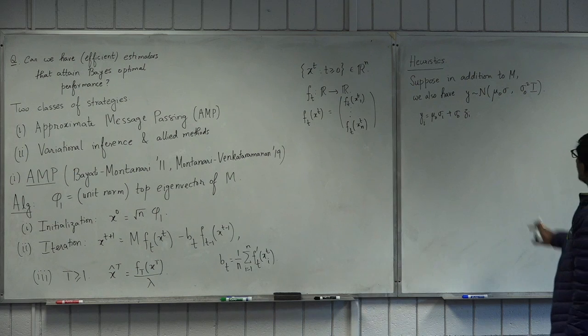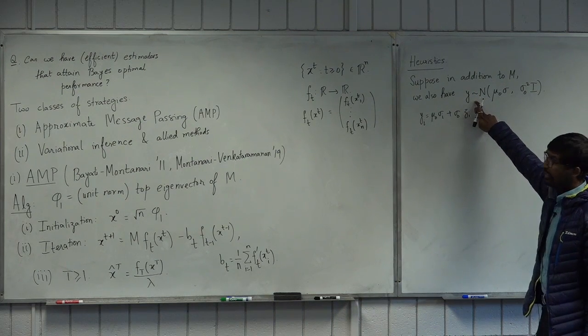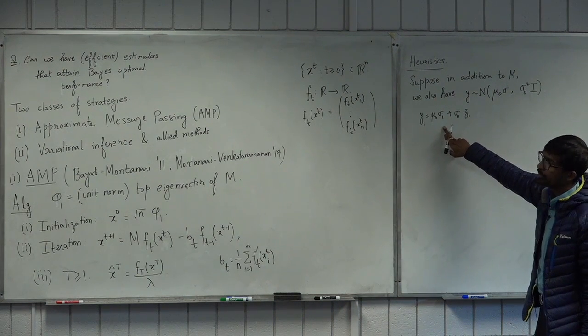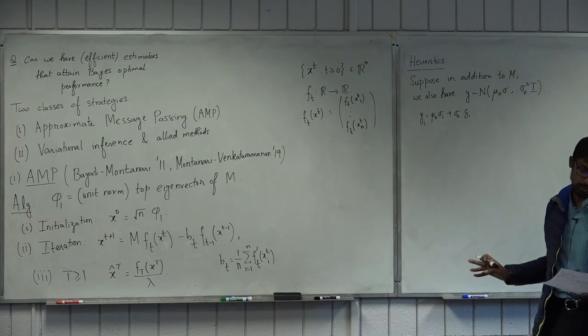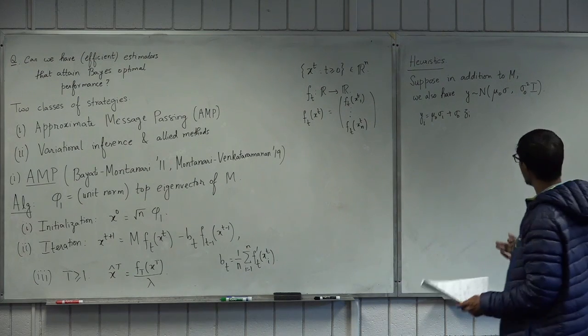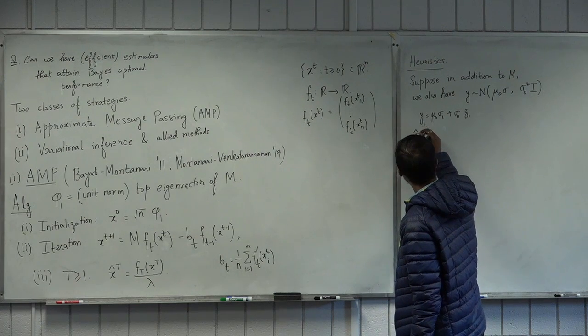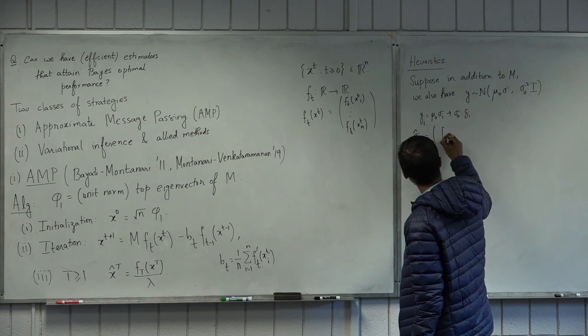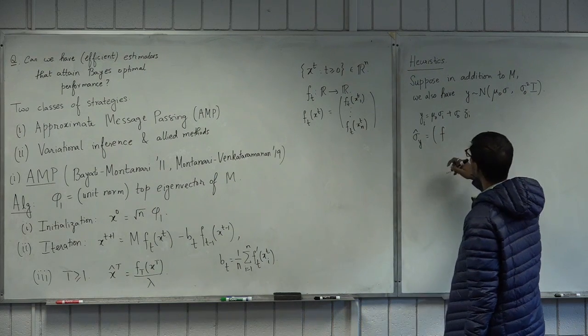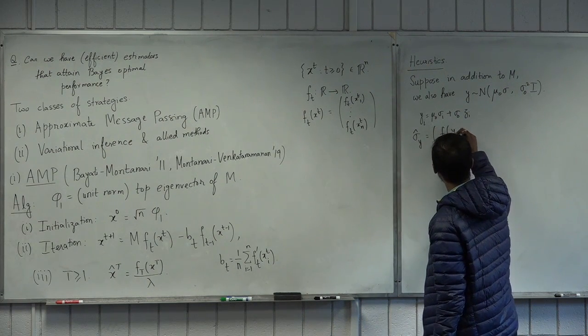Of course, if you only had access to y, and if you needed to do inference on sigma, we know what to do, right? You would apply a coordinate-wise nonlinearity. Your sigma hat based on y would be this vector that you get by applying a function coordinate-wise to yi, right?